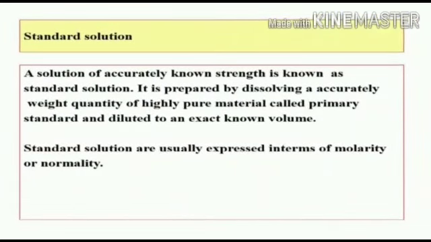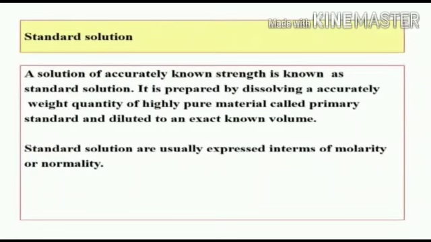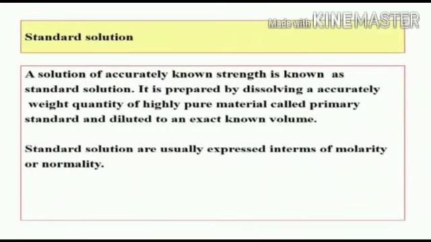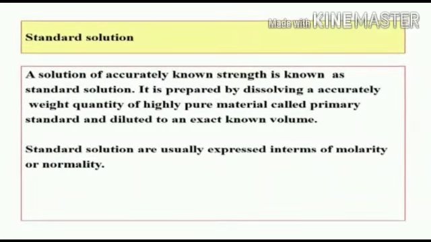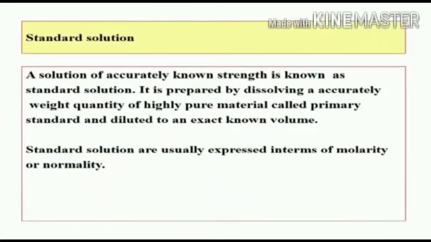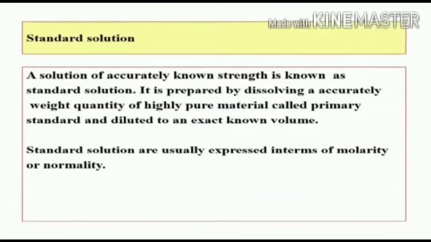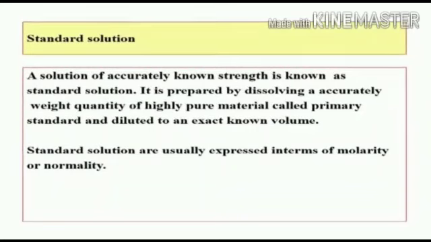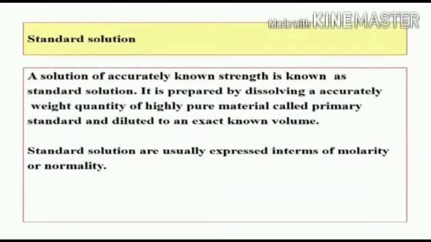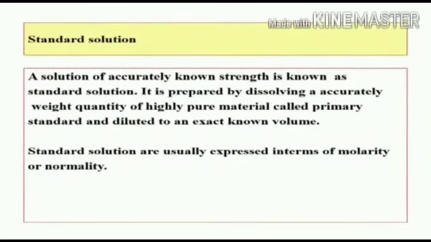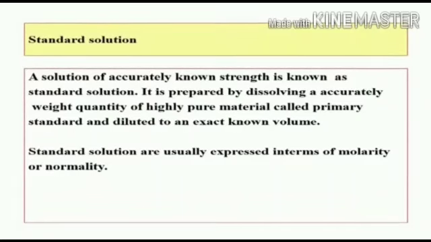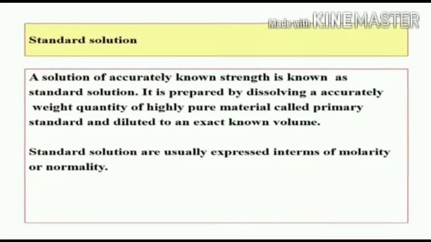It is prepared by dissolving an accurately weighed quantity of highly pure material called primary standard and diluted to an exact known volume. Standard solutions are usually expressed in terms of molarity or normality.